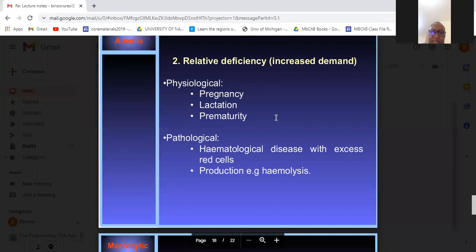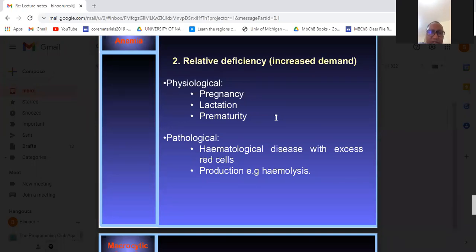You have the increased demand, what they call relative deficiency, because you're eating, yes, but now you have increased demand. Physiologically, in pregnancy, pregnant mothers require more because, of course, of the fetus. Lactation, again, because they're breastfeeding, they require a bit more folate than in normal situations.